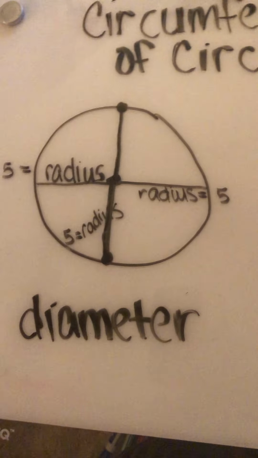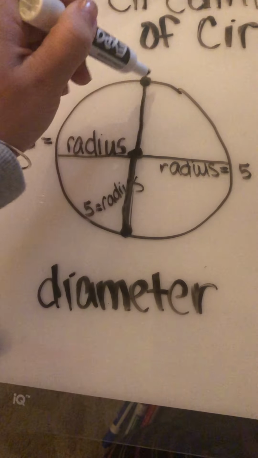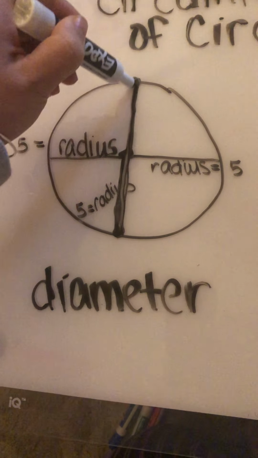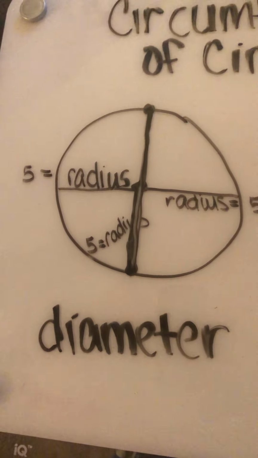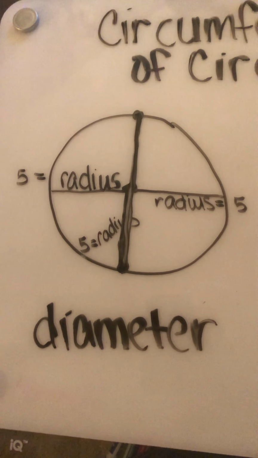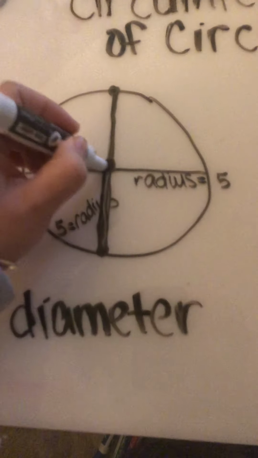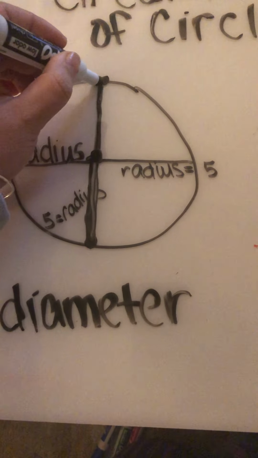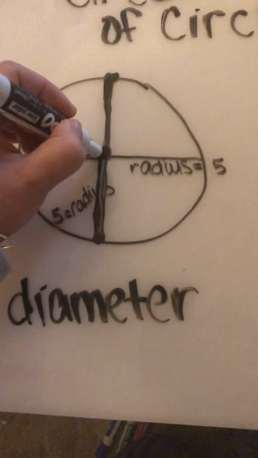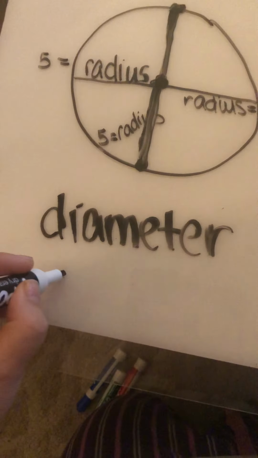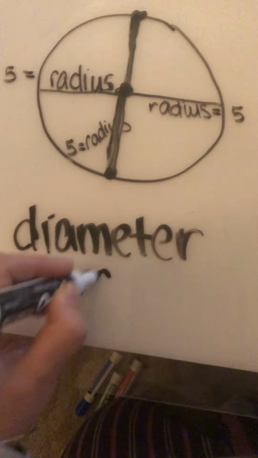So the diameter is one full straight line through the center from one side of the circle to the other. So the special relationship about a radius and a diameter is that a diameter consists of two radiuses. If you look here, here's one radius, and then here's the other. So a diameter is equal to two radiuses.